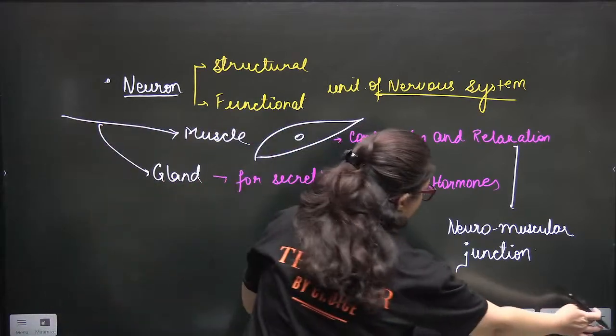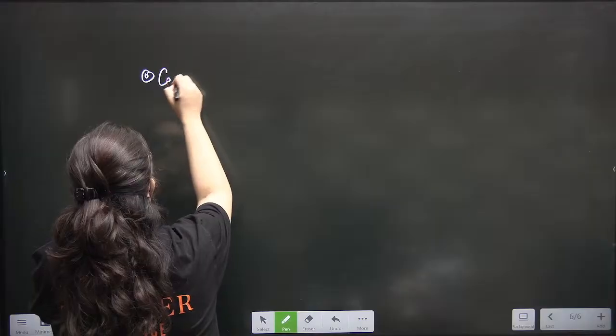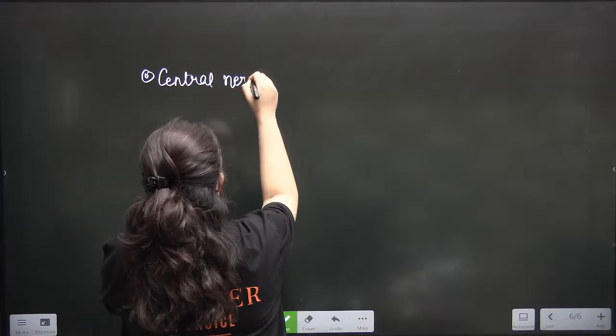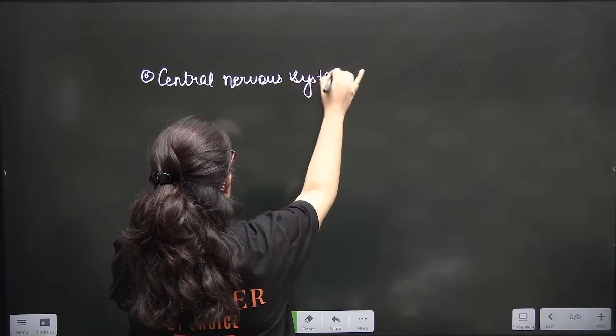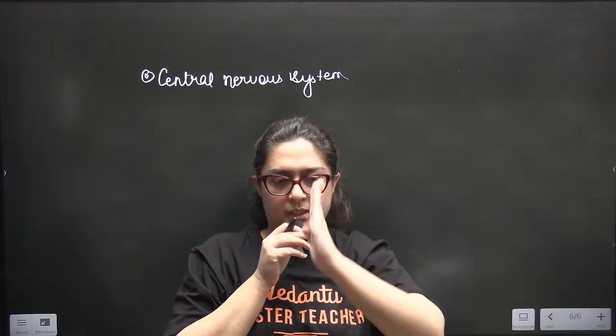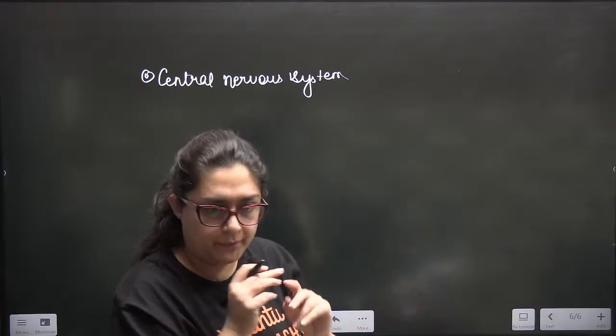Now, all the neurons are forming the complete nervous system, and our nervous system is divided into three parts. Central nervous system, present through the central axis of the body, forming brain and spinal cord.